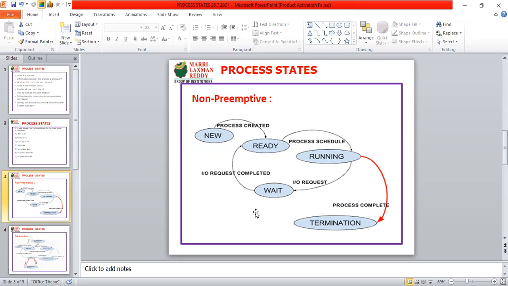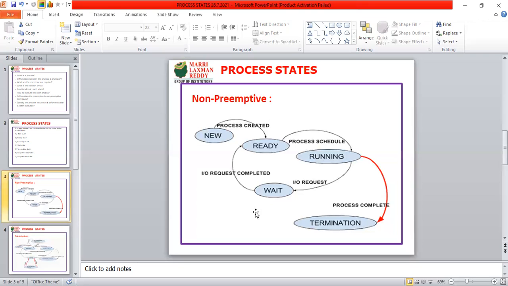In the middle of the execution, the processor will not terminate the process. In preemptive, in the middle of the execution, the processor terminates the process. Why is it terminated? When any interrupt occurs, the process is terminated. That is the preemptive state. Now we'll discuss non-preemptive.